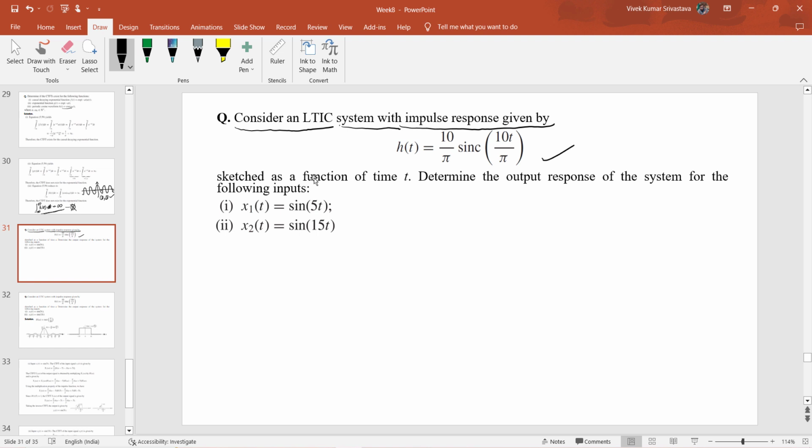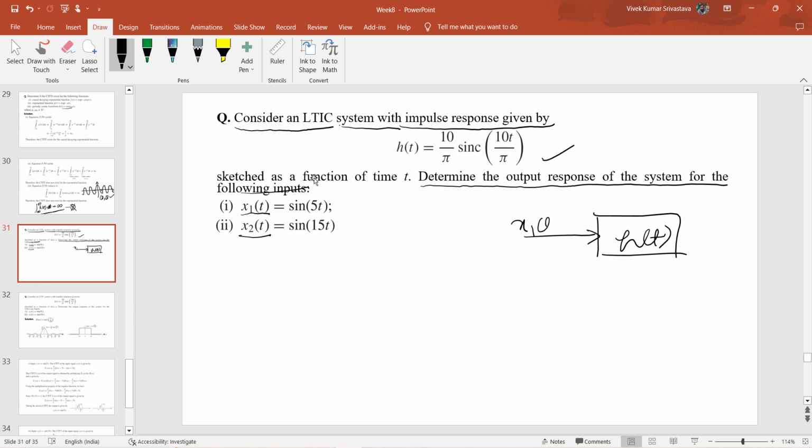We have to determine the output of the system when the input applied is x1 and x2. So if we apply x1 of t to this system, what will be the output of this system, that is y1 of t, and if x2 is applied to this system, then what will be the output, y2 of t. Basically this we have to solve here.